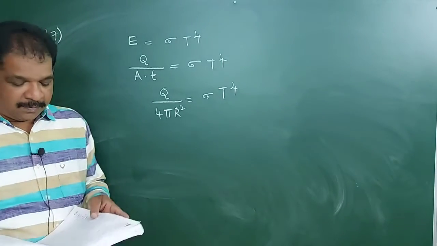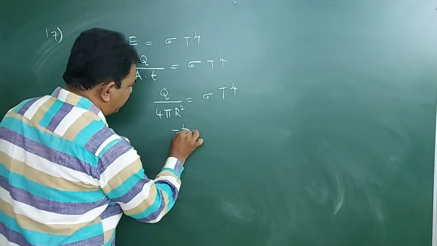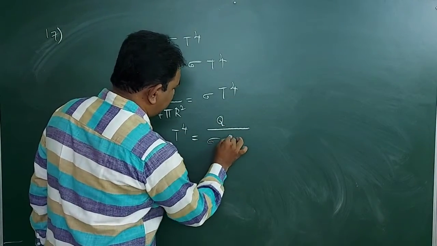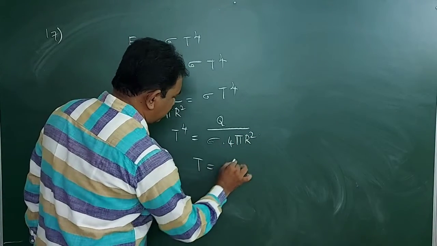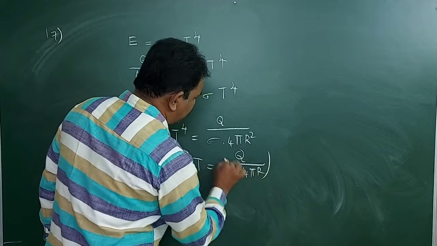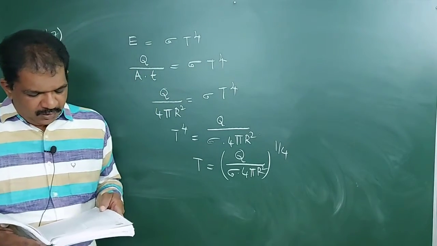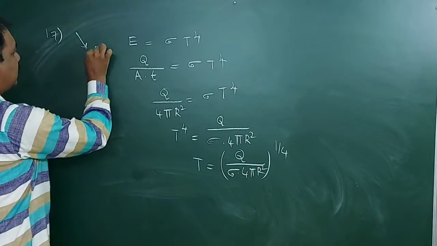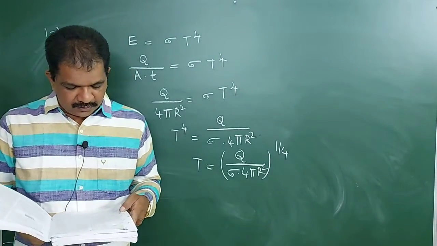The radius they gave is capital R. So T power 4 is equal to Q by sigma 4 pi r square, and T is equal to Q by sigma 4 pi r square whole power 1 by 4. So this will be the fourth option. 17 will be the fourth option. Simple questions only.